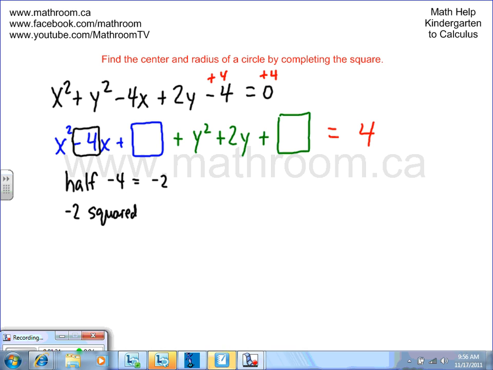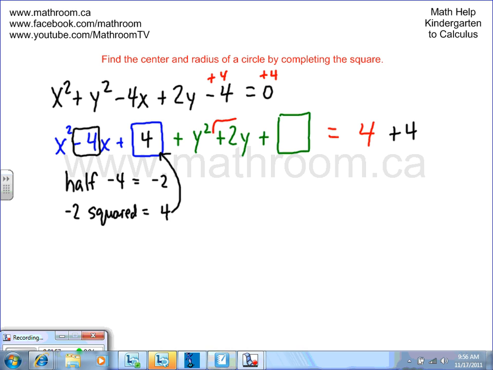Minus 2 squared equals positive 4. So now this number goes here, so we put a plus 4 in here. Now if we add 4 to the left-hand side, we must add 4 to the right-hand side to keep the equation an equality.